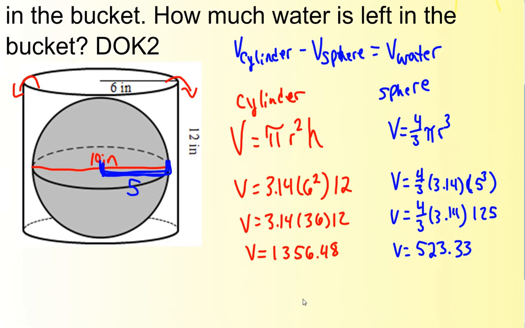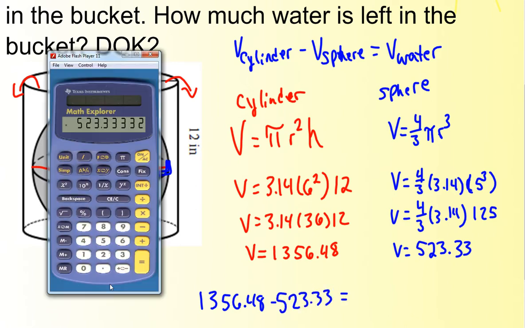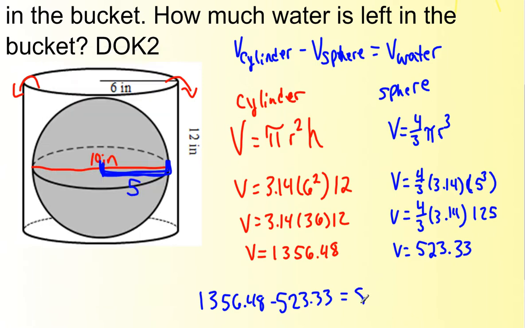So the amount of water left in the bucket would be 1,356.48 minus 523.33, which is 833.15. And since we're talking about volume, it will be in inches cubed.